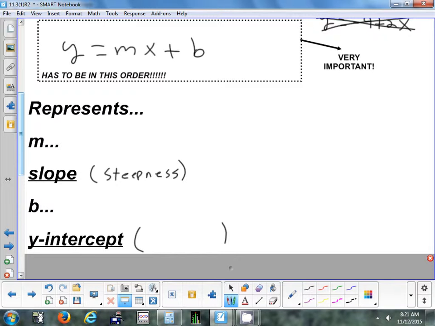If you're trying to explain this to someone who is younger, what does that really mean? It's where the line what? Yeah, this is where your line crosses the y-axis. If you don't remember what these are, you can write that in parentheses below it. If you already know what slope and intercept are, I wouldn't worry about writing it.